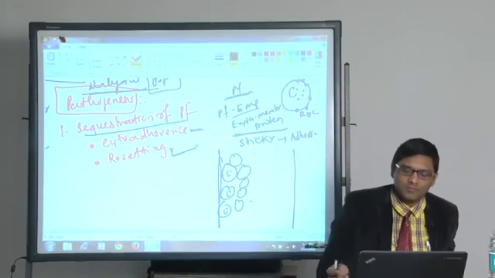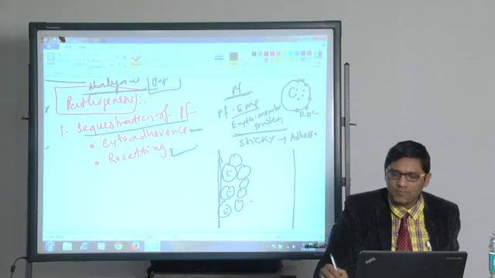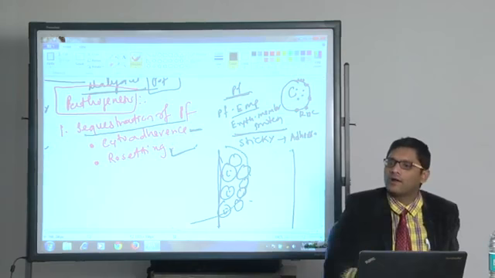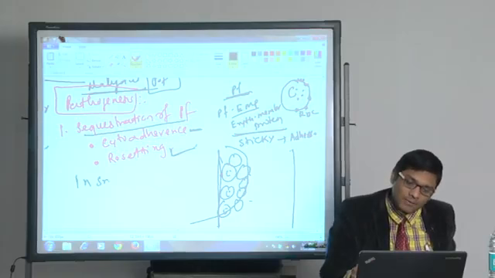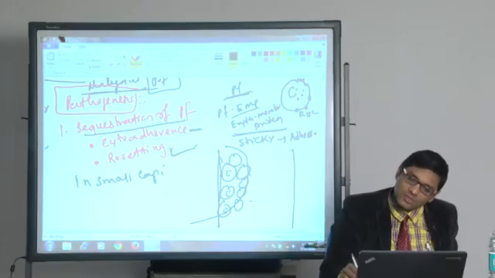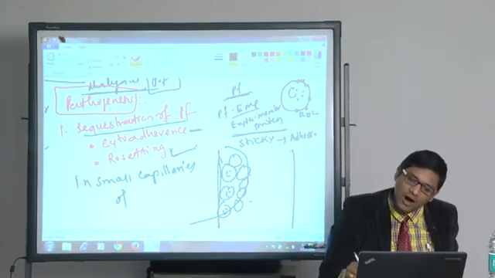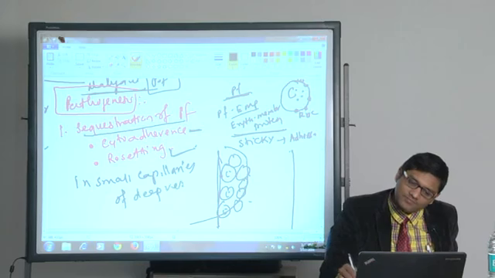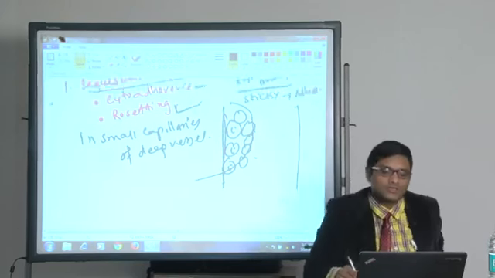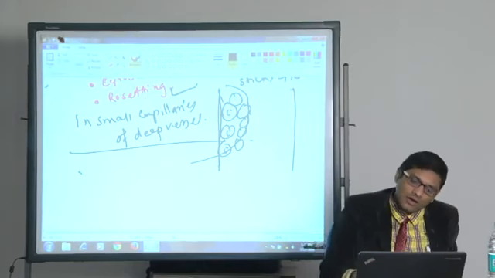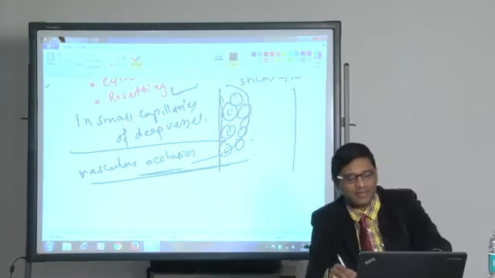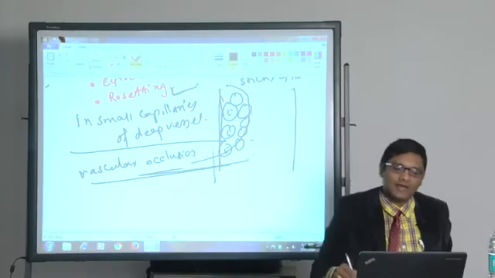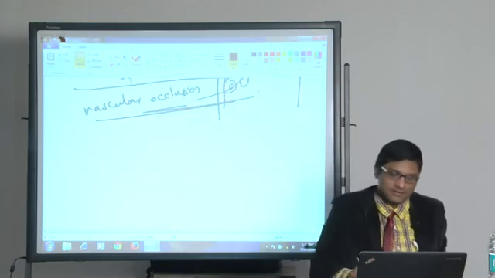What you can see here, this property leads to what? See, this is the blood vessel, and a part of the blood vessel is occluded. So sequestration of Plasmodium falciparum, especially in small capillaries of deep vessels, leads to vascular occlusion, and this is the main mechanism why all these malignant manifestations take place.